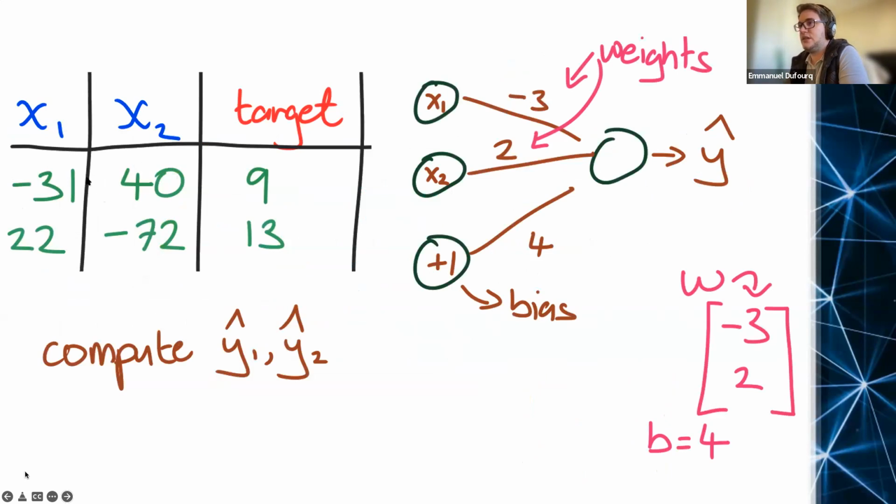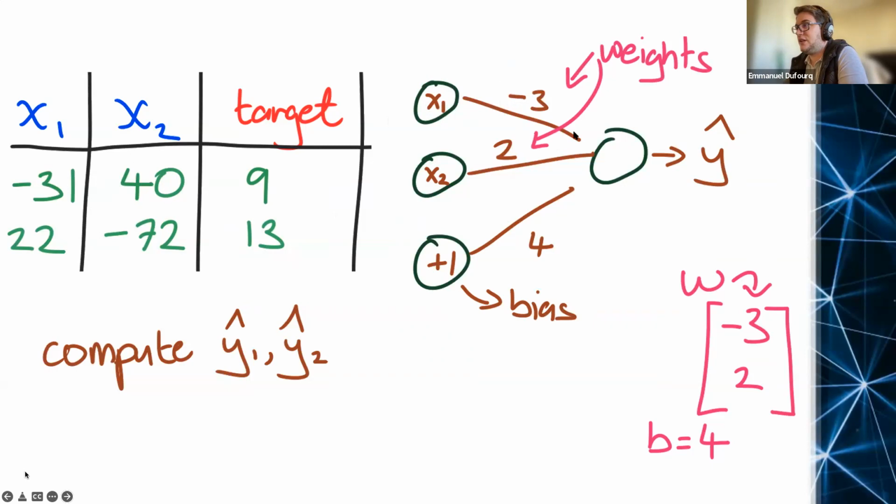How we would do this is we would have our data set that has our features, and let's plug in some data into our model, and let's do a calculation. So if x1 is -31, we put in -31 into here, and then we say -31 times -3.